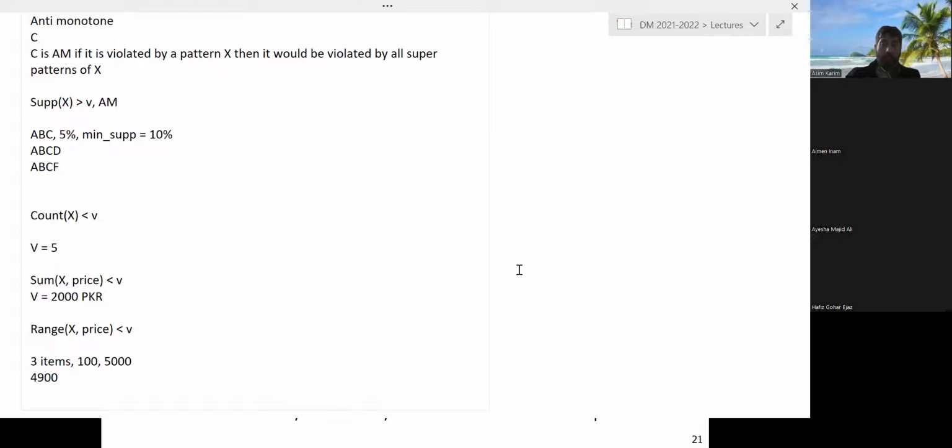If this range is violated for any item set, meaning that if range is greater than the value, then obviously if you add more items in it, you will still have this minimum within it, and you will still violate this constraint. Okay? So this is also an anti-monotone constraint.